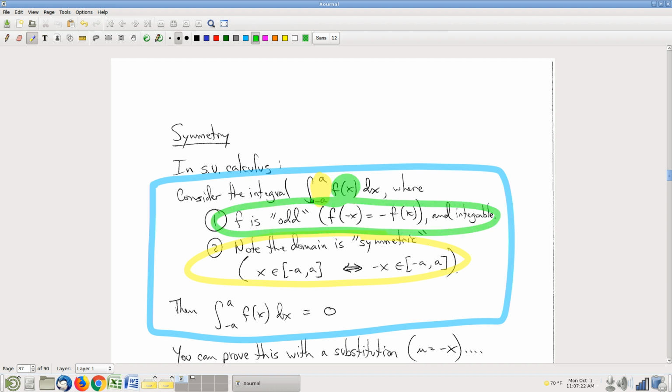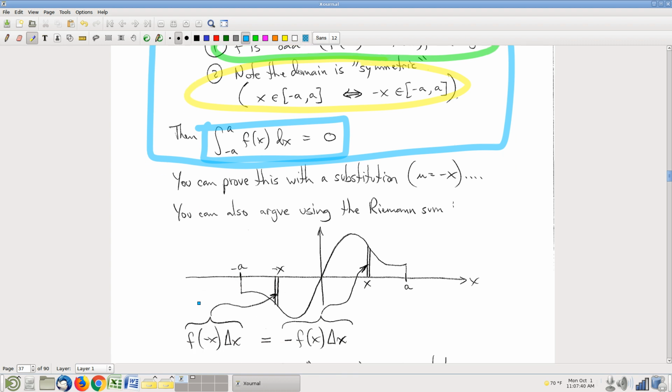So if this circumstance comes up where you have an odd function and you're integrating over a symmetric domain, then the theorem says the integral is 0. No integration required. No antiderivatives. No integration by parts. Whatever. Right?